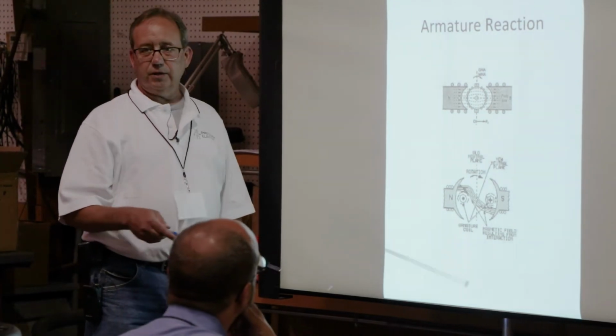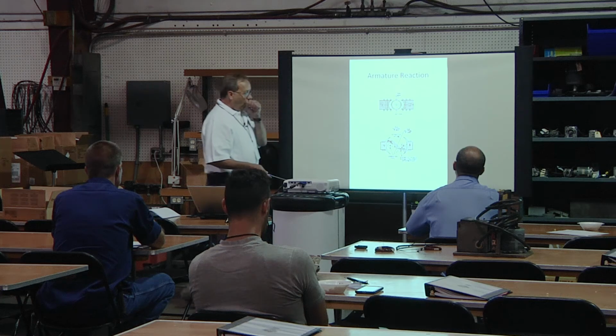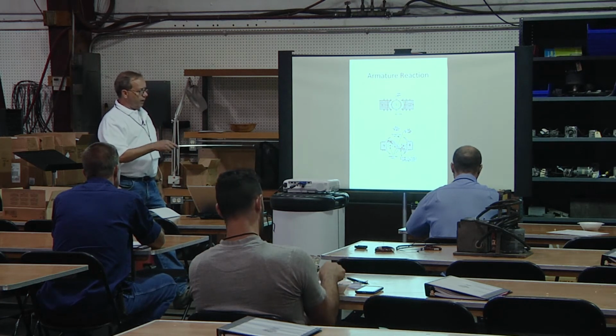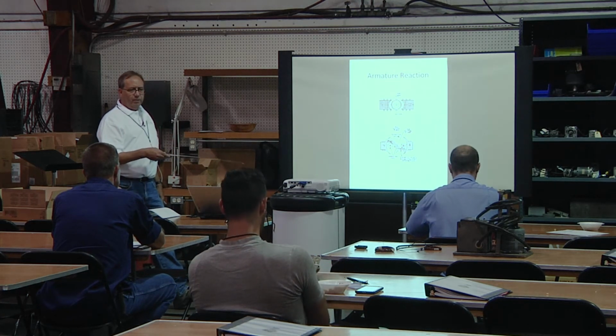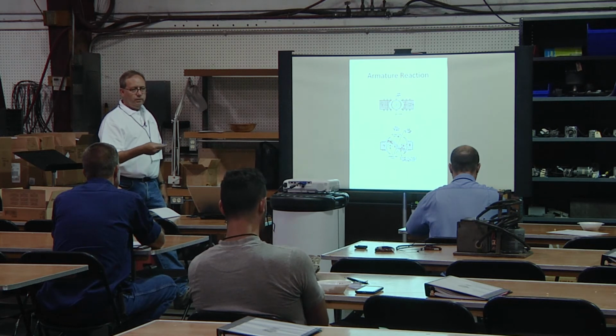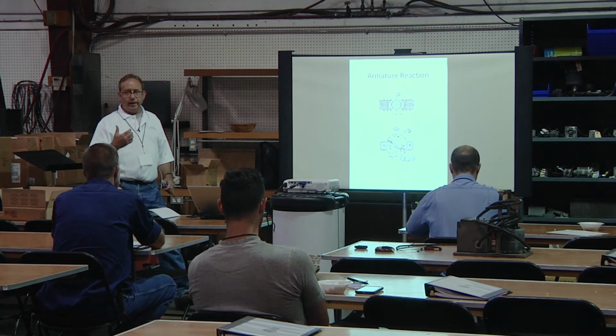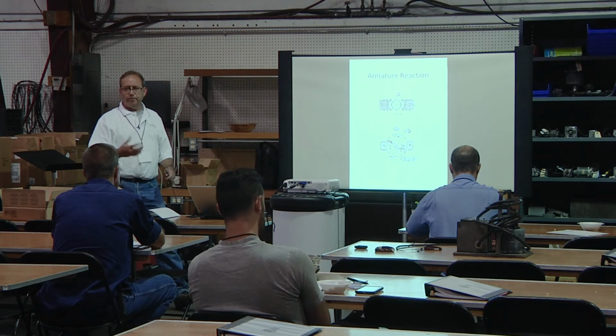Now we're getting back to kind of the same thing with the back EMF or the AC current getting generated into coils it's not supposed to get generated into, and they're right under the brush, and then sparks at the comm.